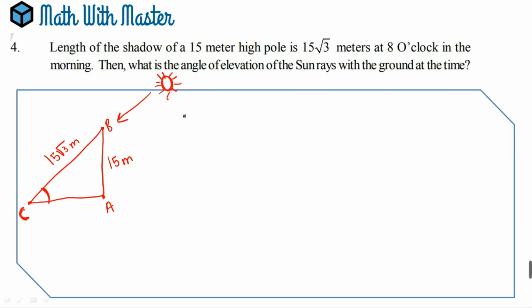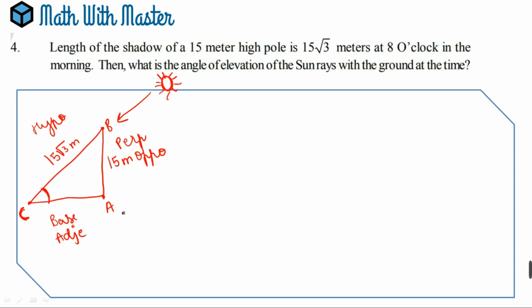How many degrees will it be? So now we have two values over here, AB and BC. So first we will name all side names for angle C. For angle C, AB is perpendicular or opposite, BC is hypotenuse and AC is base or adjacent.